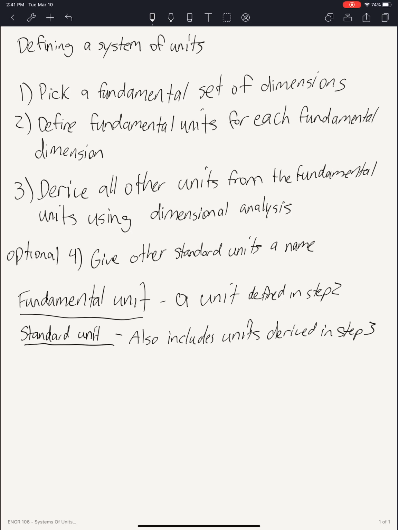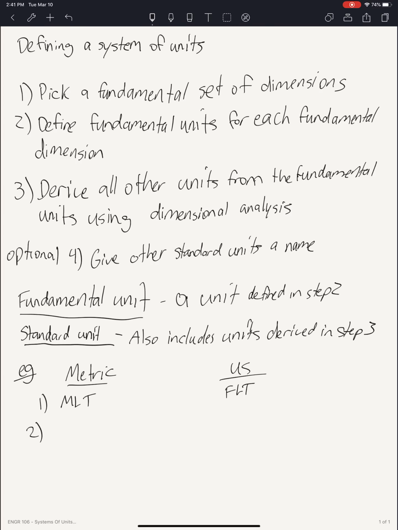So I'm going to use an example here. Well, 2 examples, I suppose. Let's do metric and US. So in metric step 1, this is an MLT system. In the US, this is an FLT system.